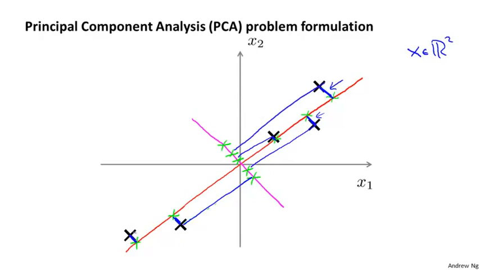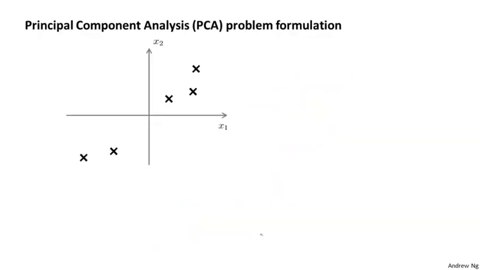So these points have to move a huge distance in order to get projected onto the magenta line. And so that's why PCA, principal components analysis, would choose something like the red line rather than the magenta line down here.